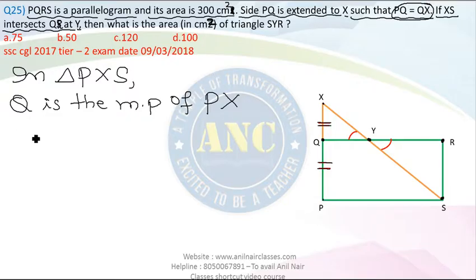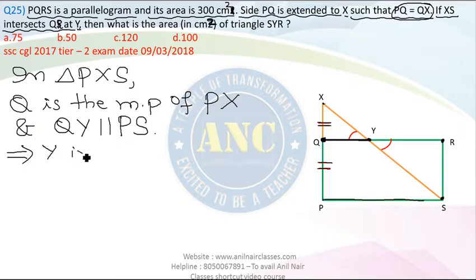Looking into the diagram, you can easily identify that straight line QY is definitely parallel to the base PS, right? Because line QY is parallel to line PS, and because point Q is the midpoint of PX, I can conclude that Y is the midpoint of XS.